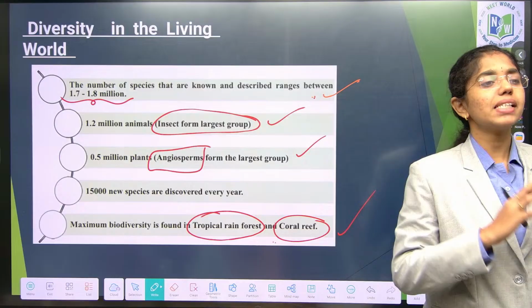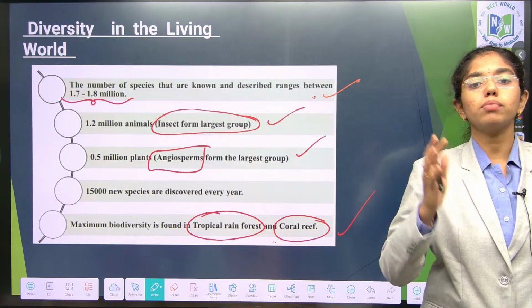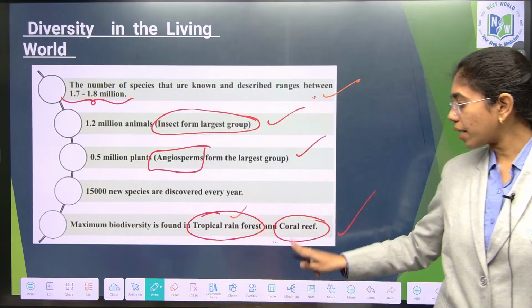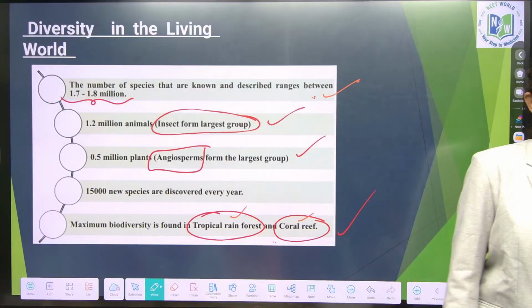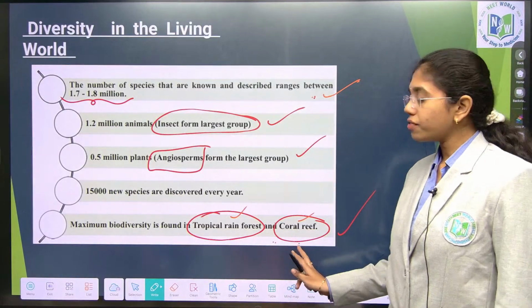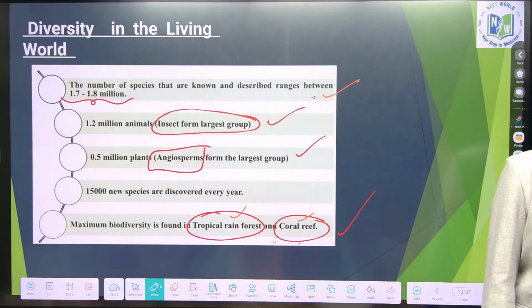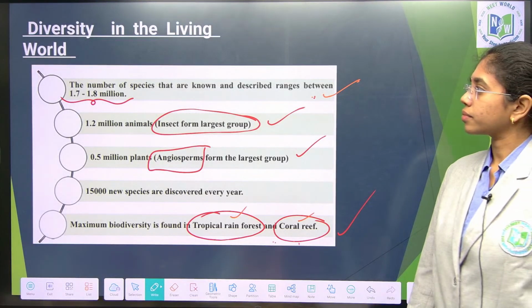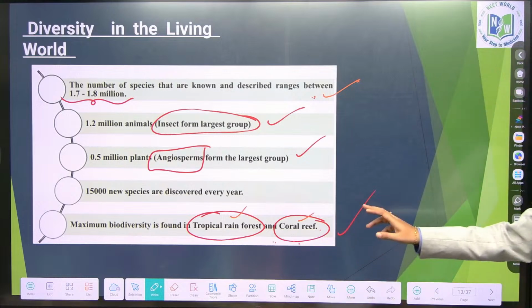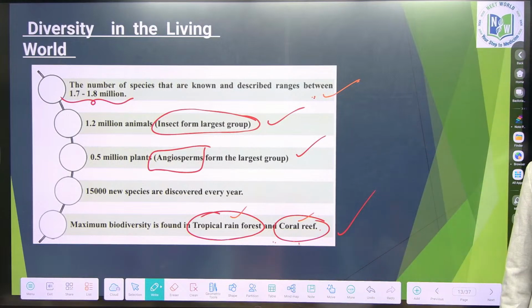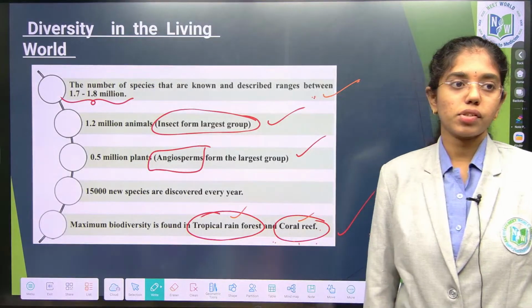As such, the maximum amount of different life forms are seen where? In tropical rainforests and in coral reefs. Coral reefs are present deep inside the marine regions. Coral reef itself is a separate domain in life sciences, studying or researching the coral reefs.